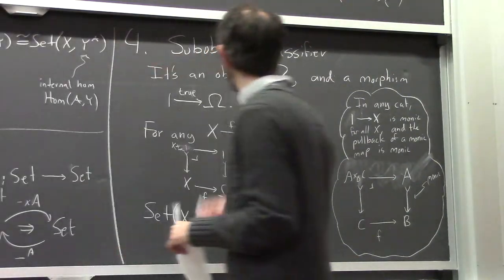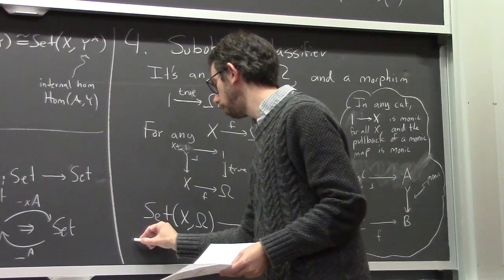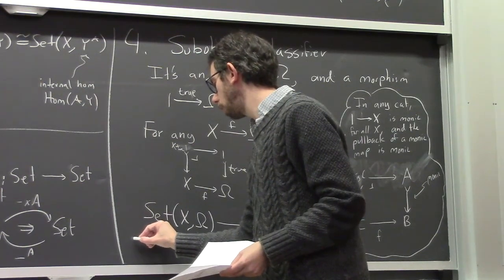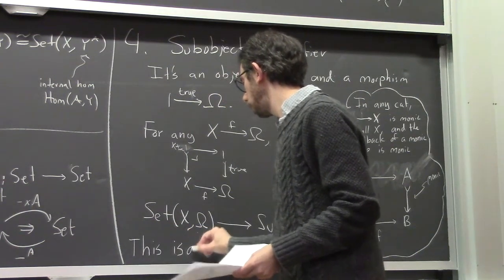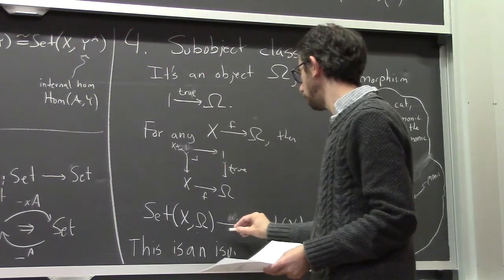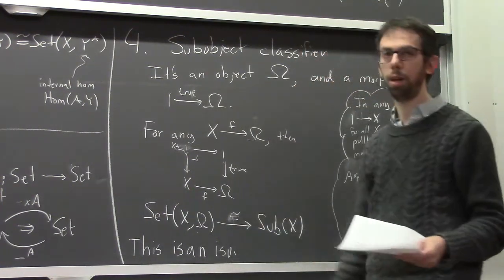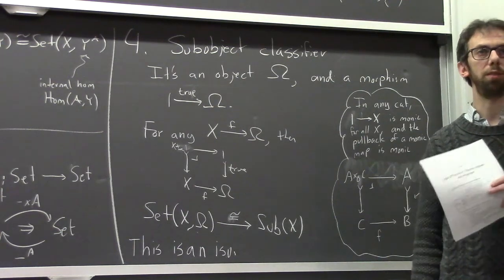But what's different for a subobject classifier is that this is an iso. So I get to put an iso there. That's what makes it the subobject classifier, or a subobject classifier.